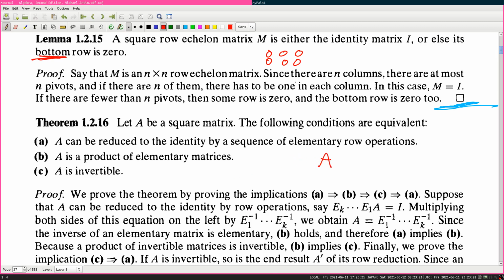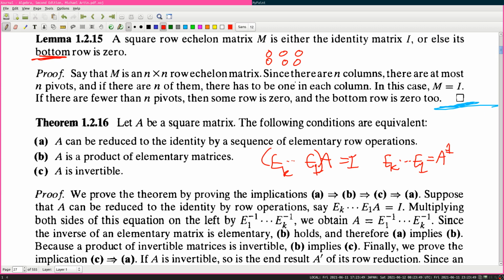So you have some matrix A, and it's invertible. You keep doing elementary operations, down to E sub k, and then this is equal to the identity matrix. So this is invertible. Well, then E sub k down to E1 is equal to A inverse.